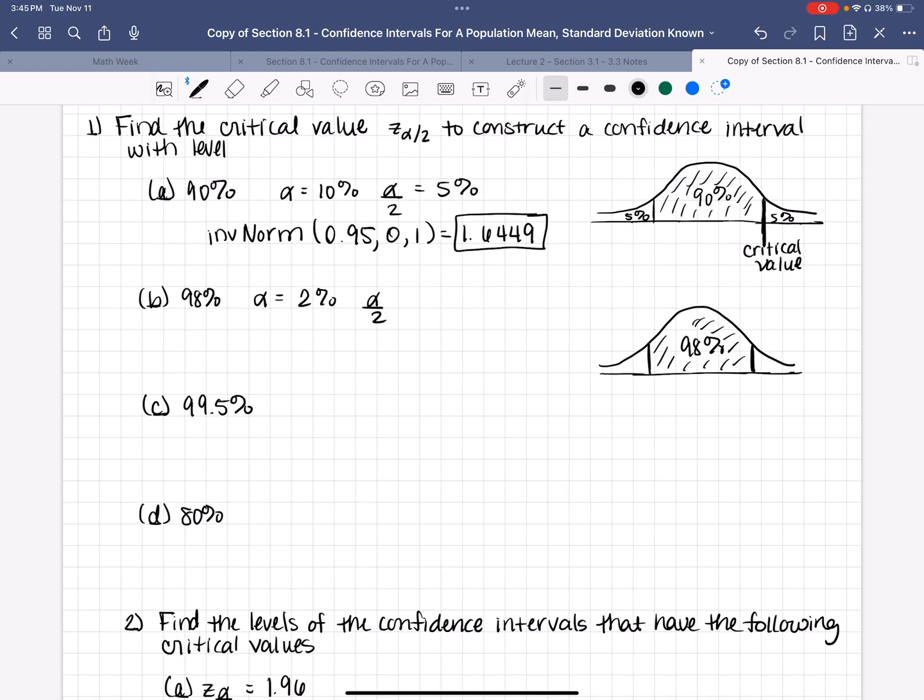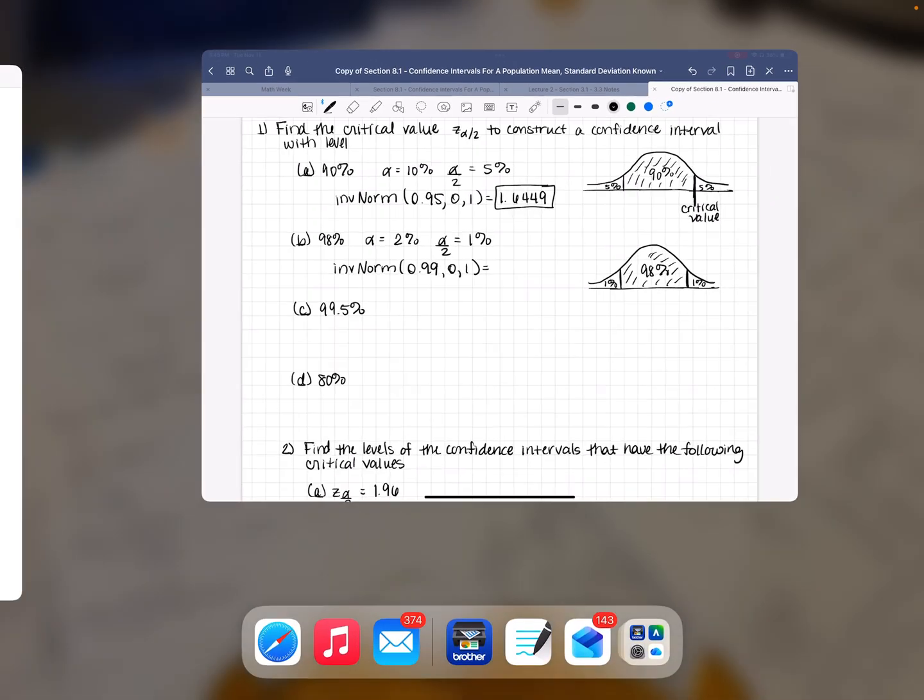So alpha over 2 is going to be 1%, because how much is up here? Well, there's got to be 1% at the beginning and 1% at the end. Well, that means when I find that inverse norm, I'm really looking at 0.99, right? Because I've got my 1% and my 98%, 0, comma 1. It's still going to tell to the left.